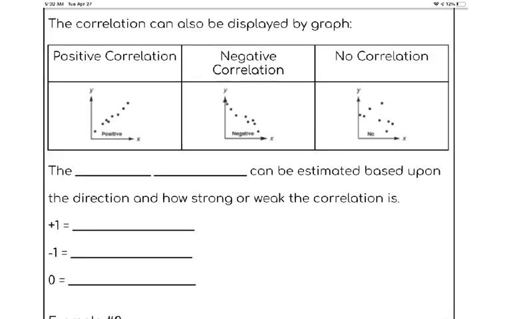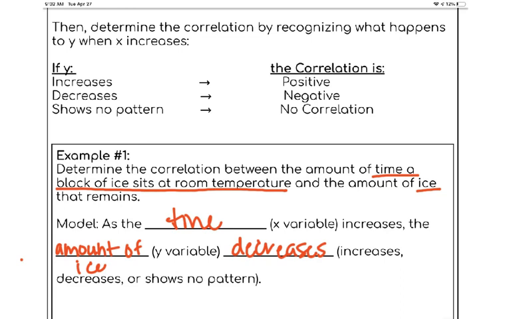So what does this look like? On a graph, the amount of time that it's sitting at room temperature is increasing, time is passing, but the amount of ice still there is going to decrease.